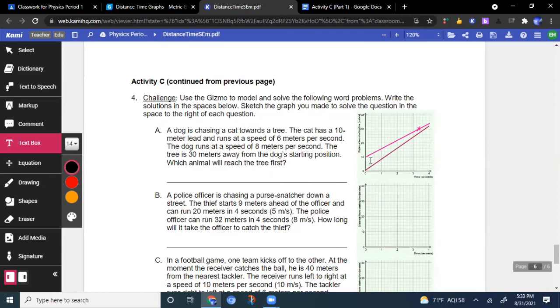Well, you can see the dog is going to be, let's see, so which one's running 6 meters per second? Well, the one that's running 8 meters per second would be the dog. The cat has the head start, you can tell here. The dog is starting at 0. Notice where they end up.